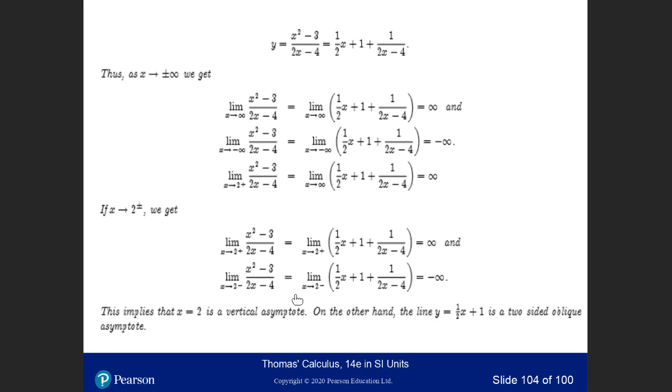Now, if I approach 2 from the left-hand side, this is negative, but again, this is positive because that's x squared, so that's greater than 3. So you go to minus infinity. So x is equal to 2 is a vertical asymptote, and the line 1 over 2x plus 1 is a two-sided oblique asymptote. Okay, my function gets arbitrarily close to this line, which is the oblique asymptote.